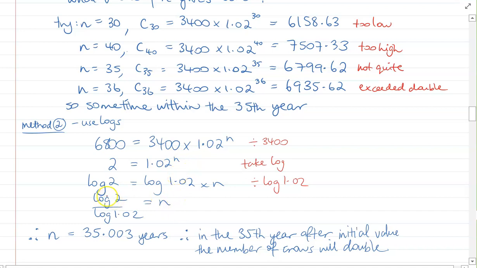And when you solve for n, you end up with 35.003 years. So that's agreeing with our trial and error method. In the 35th year, after our initial value, the number of crows will double.